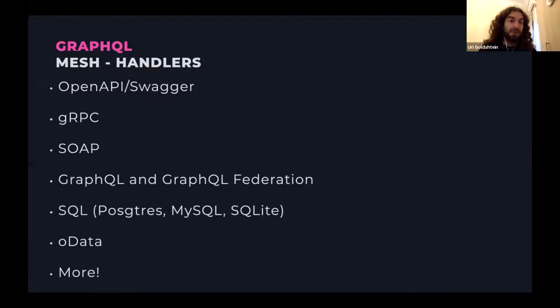GraphQL Mesh supports OpenAPI and Swagger, gRPC, SOAP, and many others. OData, I mentioned yesterday, was very interesting because we worked with Microsoft on that. They have an API called the MS Graph, which is basically an API of all the data for all the applications in Microsoft.